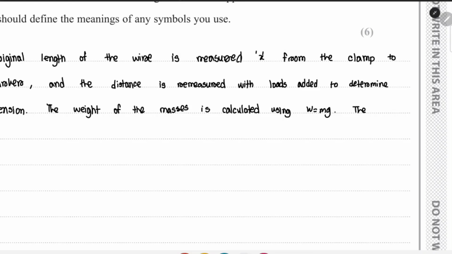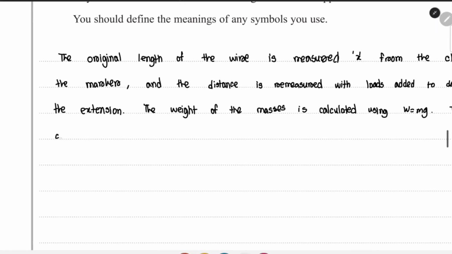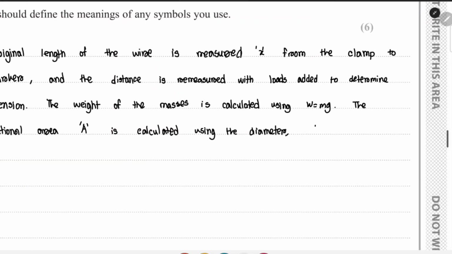So the cross-sectional area A is calculated, it's not measured, using the diameter. A equals pi d squared by 4.